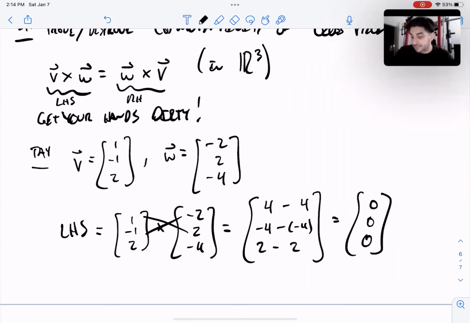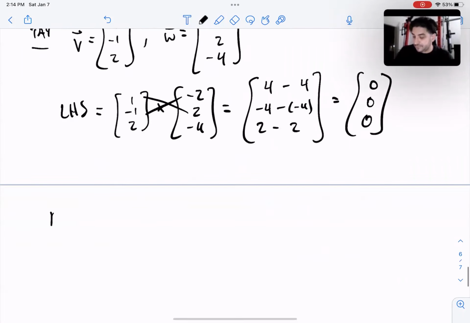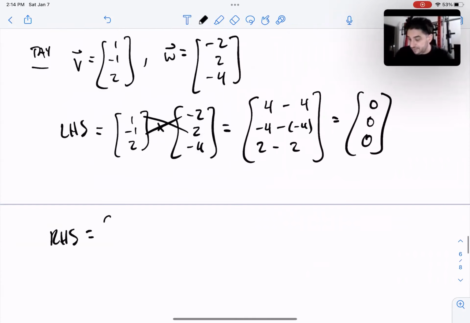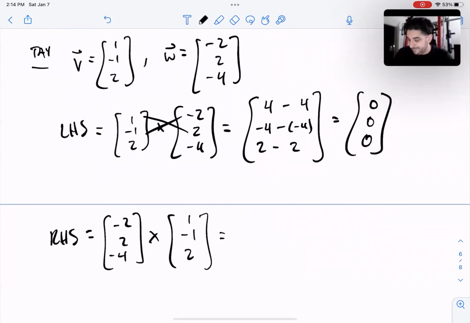All right, now let's try the right-hand side. So right-hand side, what do I have? I have now w cross v, (-2, 2, -4) cross (1, -1, 2). Okay, so what is this? I'm going to start here in the x-coordinate, so I get 4 minus 4.